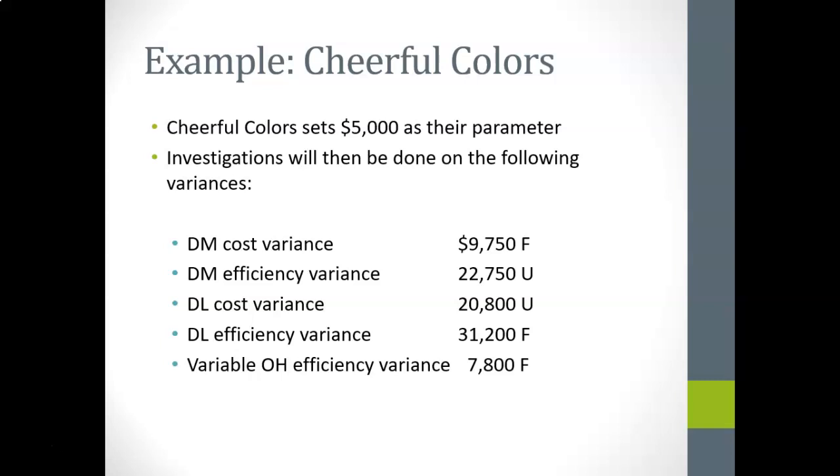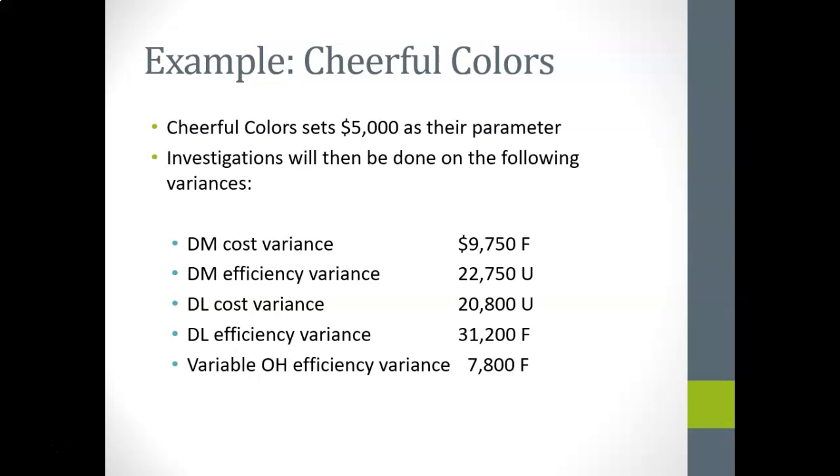So Cheerful Colors, using management by exception, they set $5,000 as their parameter. And then they will investigate any variance that is more than $5,000. So here are listed all the ones that were more than $5,000, which is most of them, okay? And even the favorable ones, they're going to investigate those.